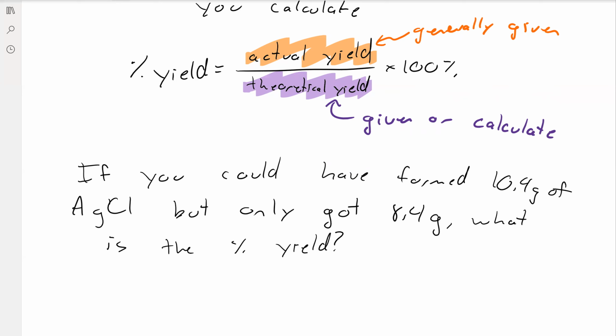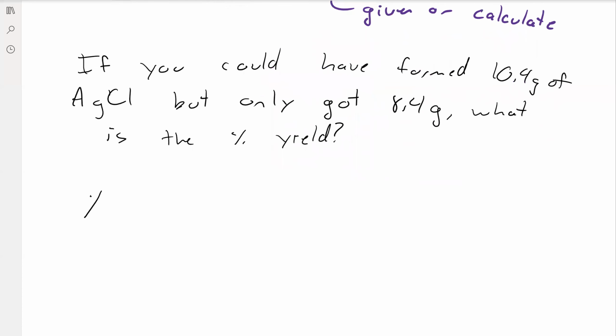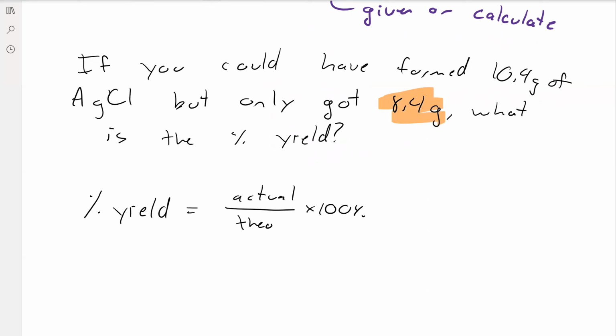So this will just be kind of a plug and chug type of problem. Our percent yield is our actual over theoretical times 100%. And so we take our 8.4 grams, that's what we actually got, plug that into there. We divide that by 10.4 grams, that's our theoretical yield, that's what we could have gotten. Plug that into our calculator, and you should get 81%.